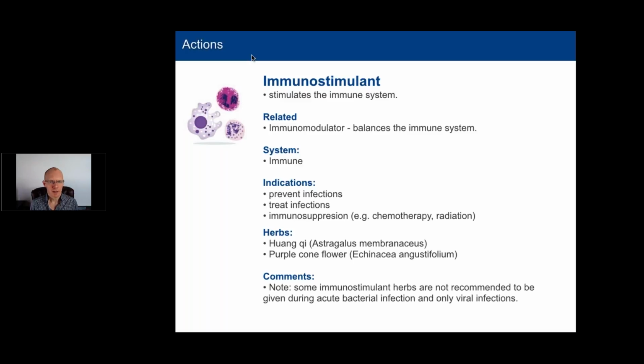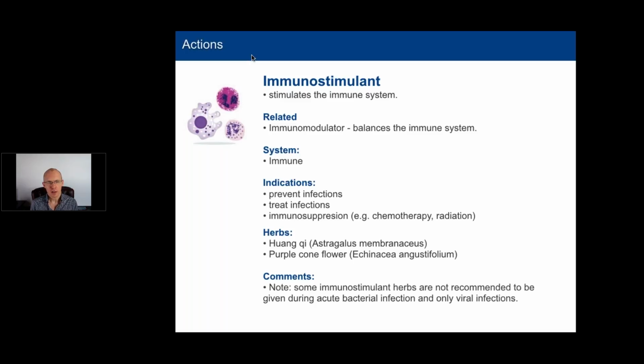But also, if you were to take some kind of chemotherapy or radiation treatment, or if you're going through something where your immune system's suppressed, then you could take immunostimulants to try to boost that up. So sometimes when people are being treated for cancer, they're more susceptible to illness, so you might take an immunostimulant to boost the various white blood cells to help fight off infection.